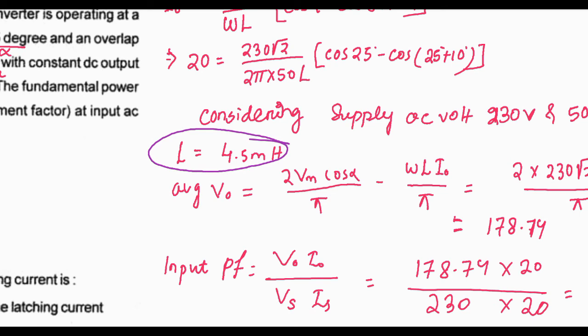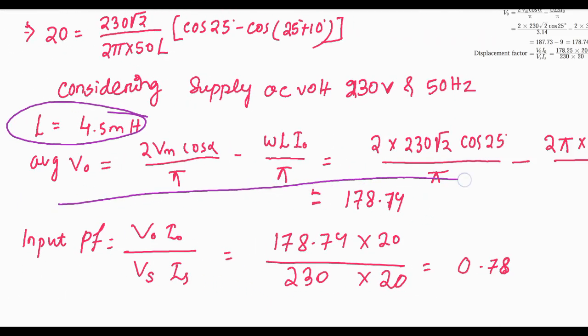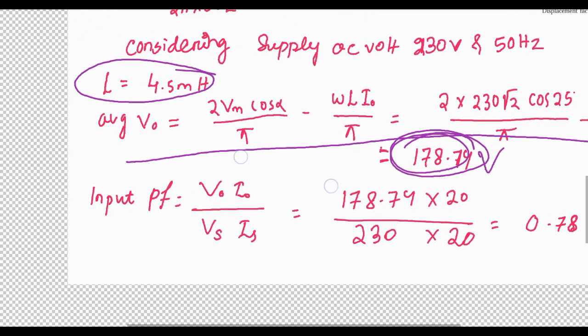So what is the average output voltage? This is 2Vm cos alpha/π minus ωL I0/π, and I0 is given to be 20 ampere. If we calculate, we are getting V0 as 178.79 volt. And what is the input power factor?